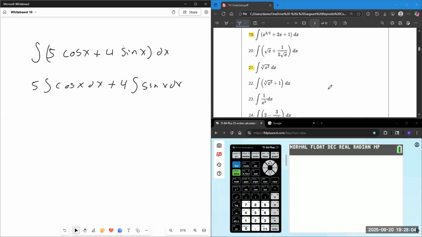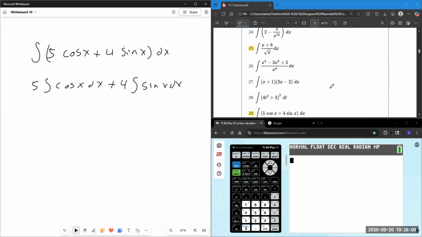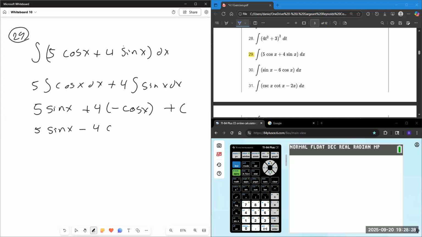And we're still verifying when we are done here. So this is 5 sine of x plus 4 times a negative cosine of x plus c, which is 5 sine of x minus 4 cosine of x plus c.